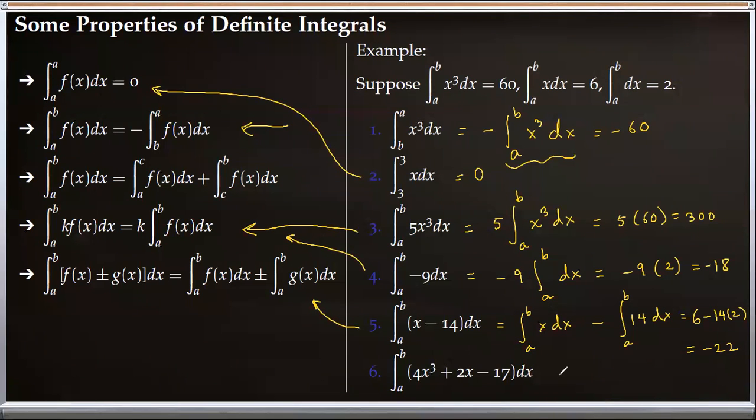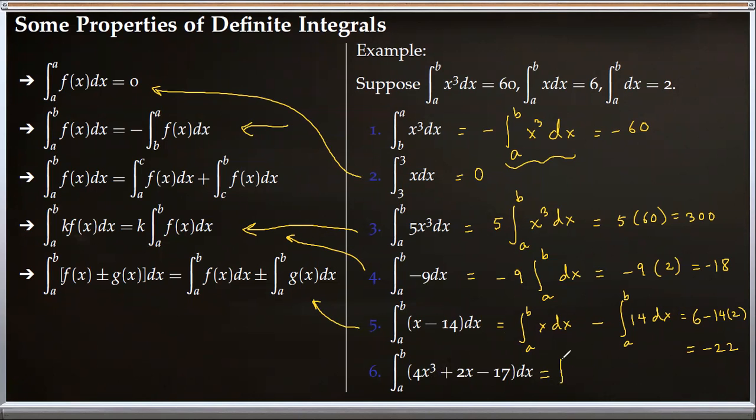Next, we have integral of 4x cubed plus 2x minus 17. So this, again, extending this property about sum or difference of two functions, we can apply to three functions. Here we have three functions, and we can do integral of each of these three functions and combine them.